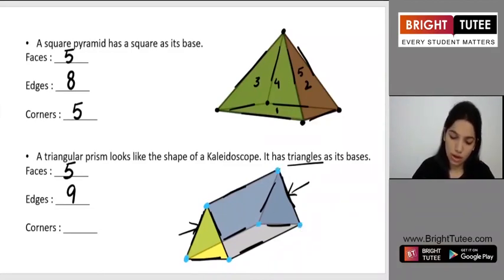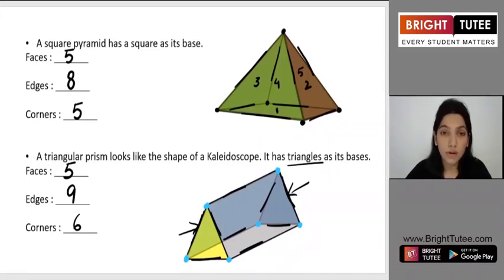So the total number of corners in a triangular prism, which looks like a kaleidoscope, is 6. Right? I hope you have understood these 3D shapes well and you are confident about how to find the number of faces, and how to count the number of edges and corners in these shapes.